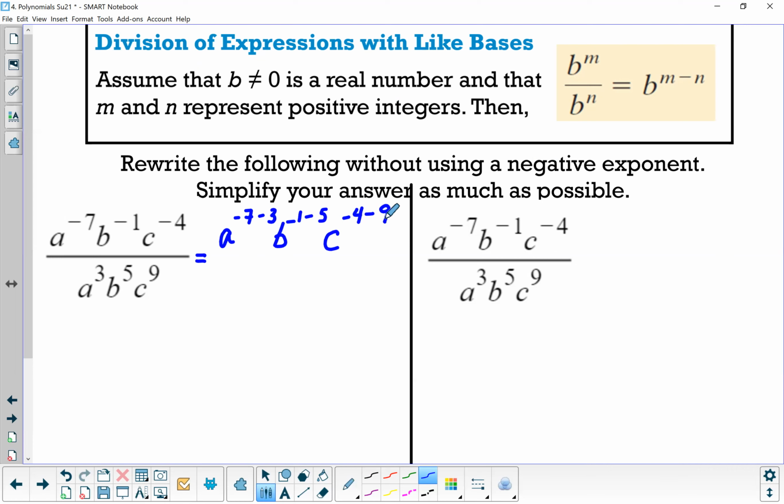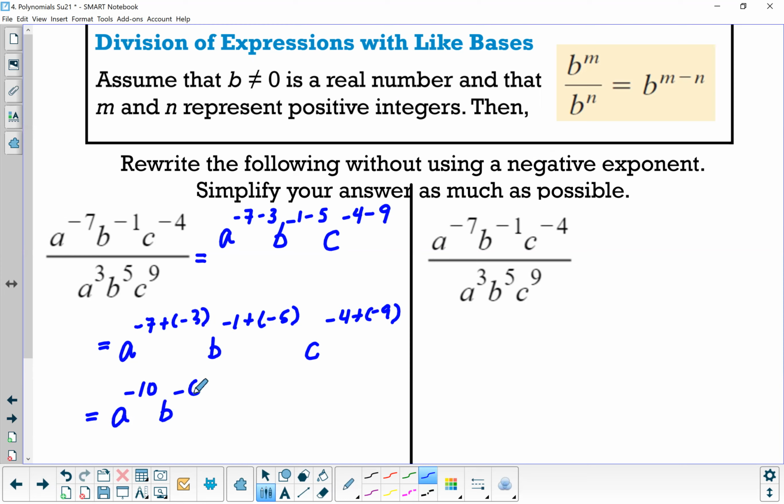All right, you might be wondering about the order in which I'm subtracting; it assumes that these terms are in the numerator, okay? So now you use your keep change switch. I just like to use this to change my subtraction to addition. If you use that, we have a to the negative 7 plus negative 3, b to the negative 1 plus negative 5, and then c to the negative 4 plus negative 9. Okay, so that gives me a to the negative 10, b to the negative 6, c to the negative 13.